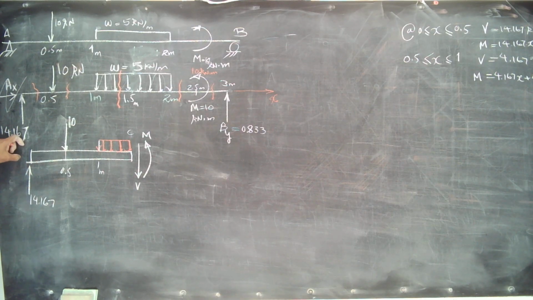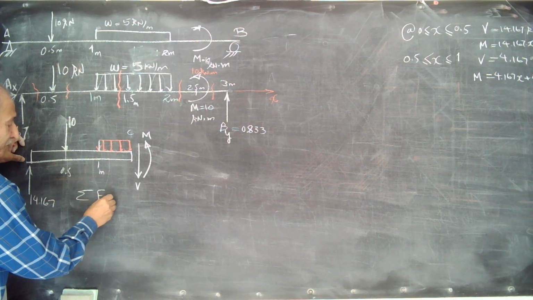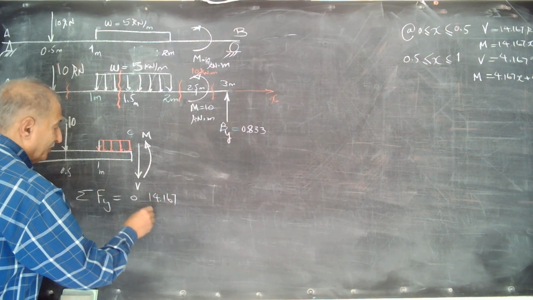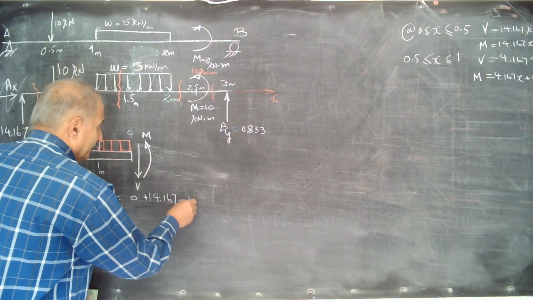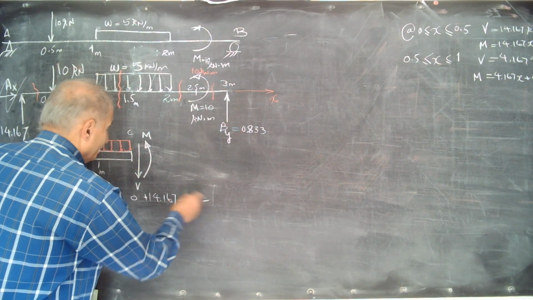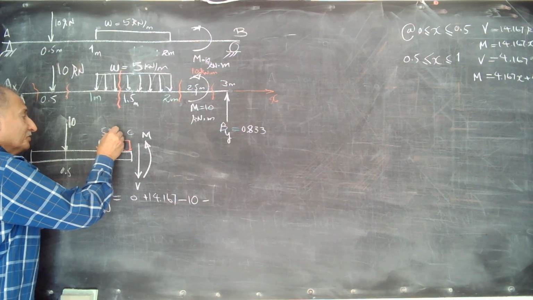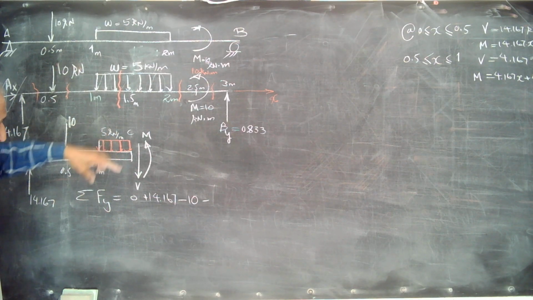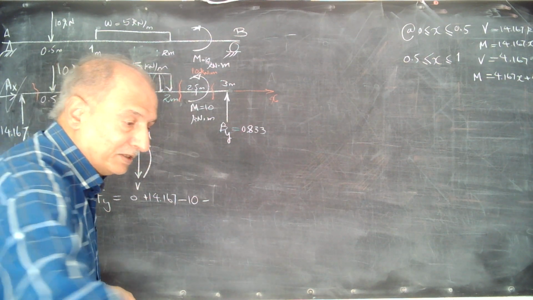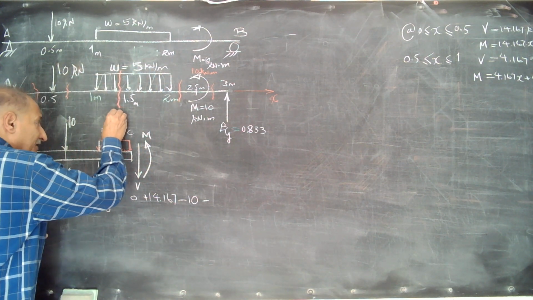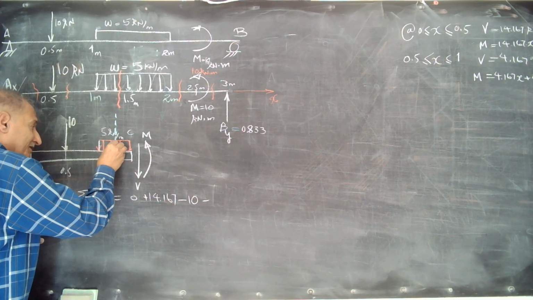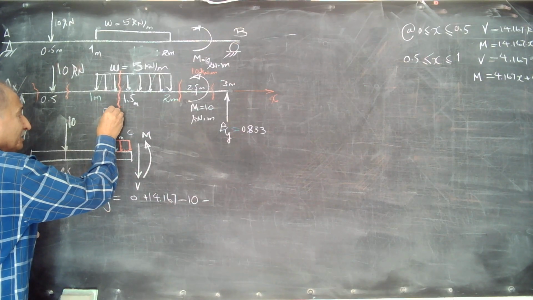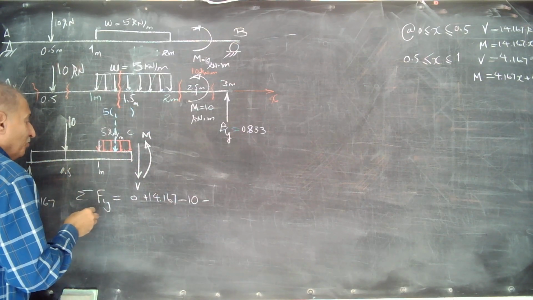Then let's write again sigma Fy equal to 0. It means that 14.167 positive, minus 10 negative, minus this 5 kilonewton per meter times the length you must substitute here, the equivalent resultant of this uniform distributed load. How much is it? It's 5 times the length. How much is this length?